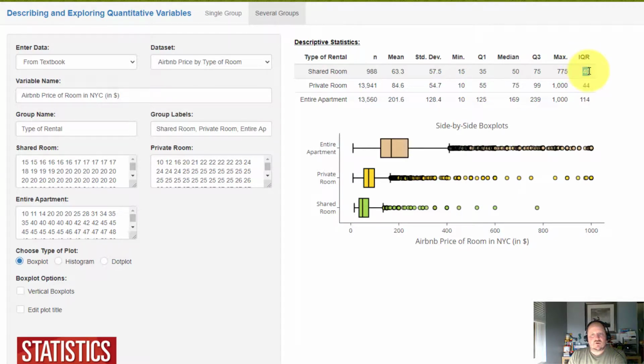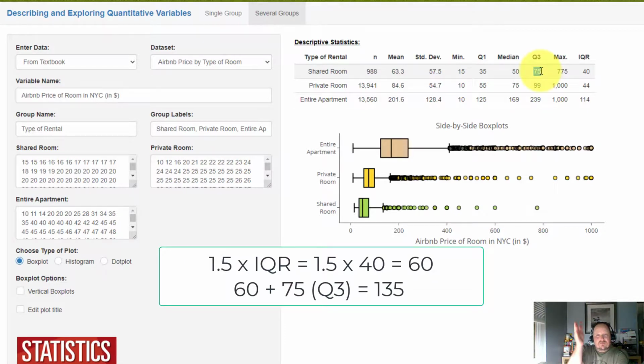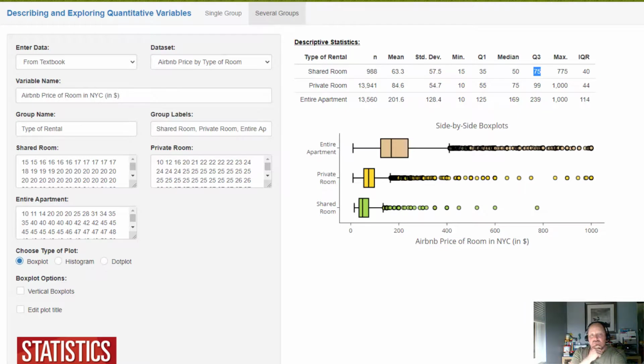If I take 40 and I multiply that by 1.5, that gives me 60. So add 60 to the top end of 75 and you've got a number 135. That's your boundary. Any number above that, all of these numbers up here, the reason why they're all outliers is because they are higher than that cutoff.